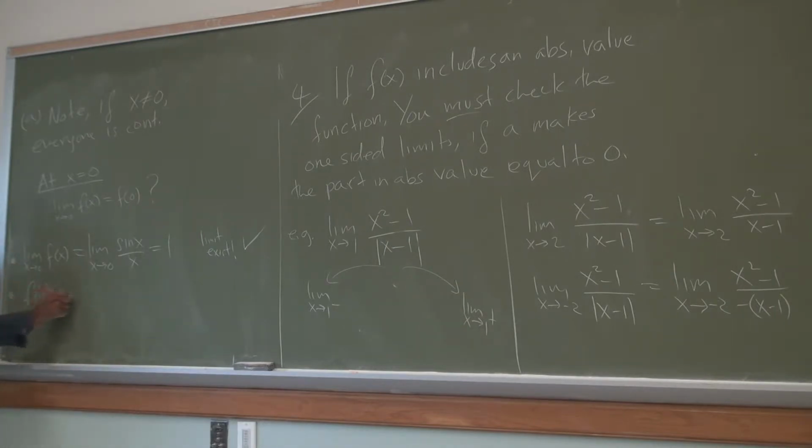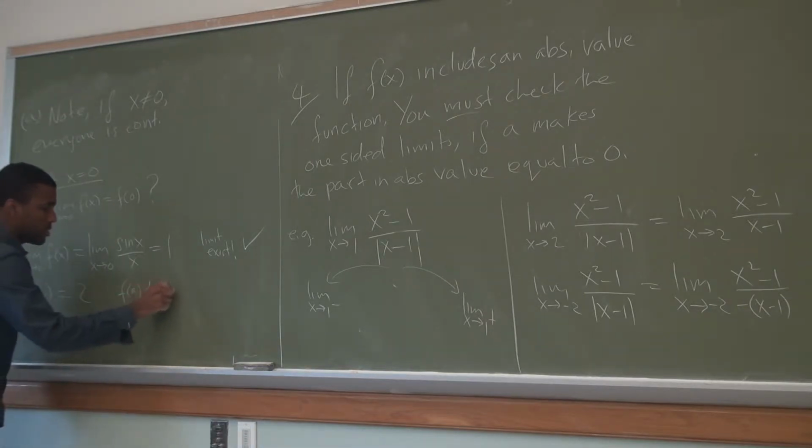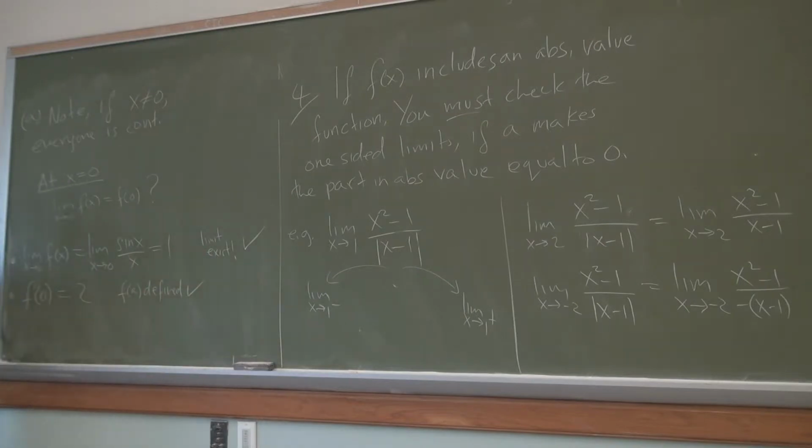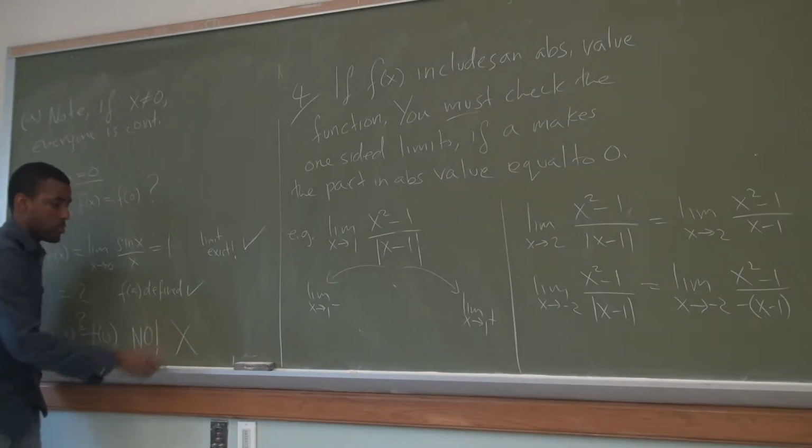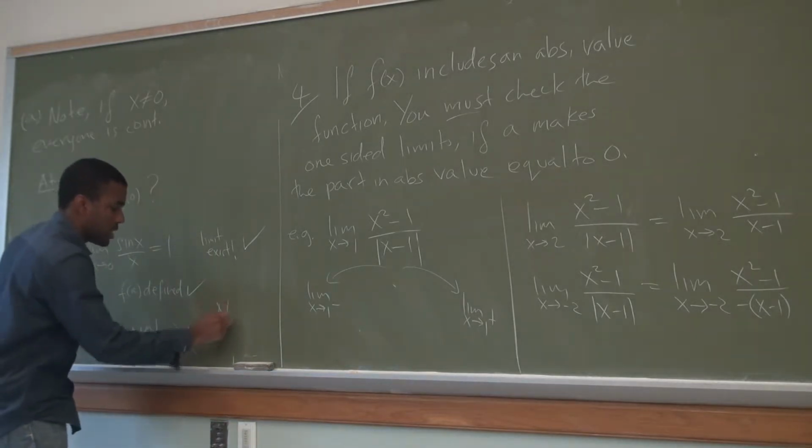All right, so the second thing we have to do is check whether the function is defined. f of 0 equals what? 2. So f of a is defined. Check. What's the third thing you have to look for? Does the limit equal the value of the function? No. So it's not continuous at 0.